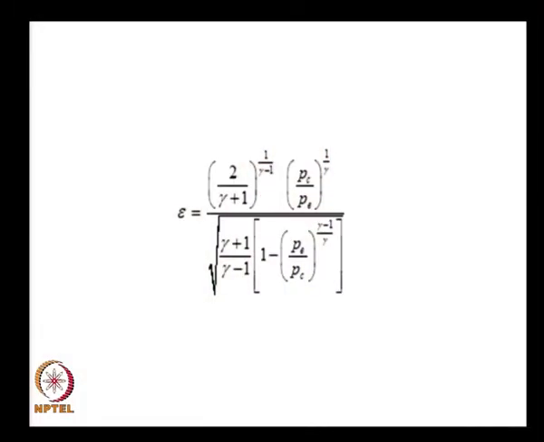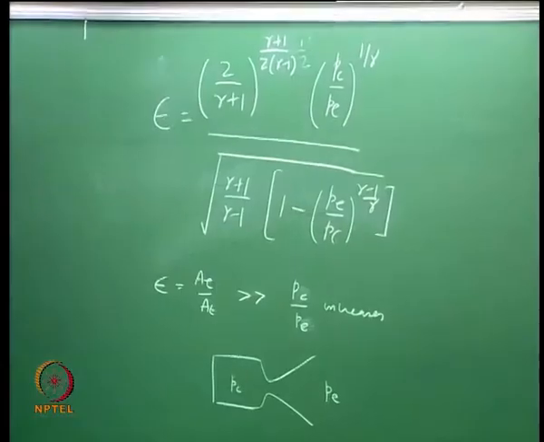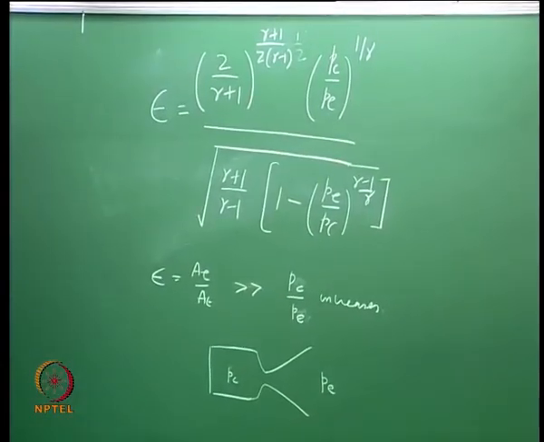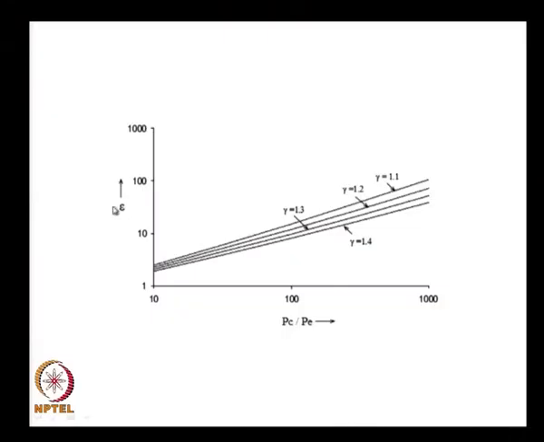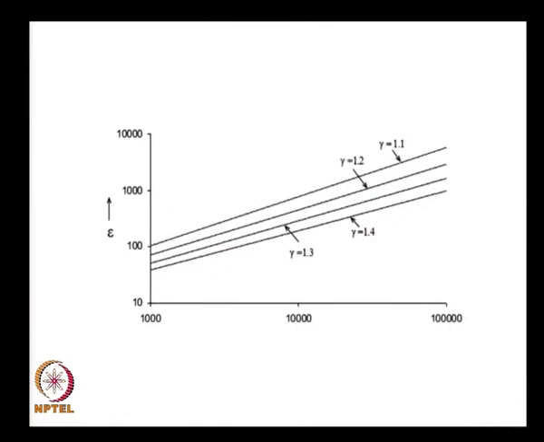Please check it, somewhere you would have left out something. When I plot this number, I get the area ratio as a function of PC by PE. As PC by PE increases, the area ratio increases, and in fact as gamma decreases from 1.4 to 1.1, I find a larger area ratio is required to give me the same value of PC by PE. I put it for a larger value of pressure ratio.